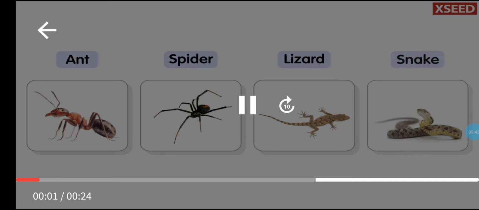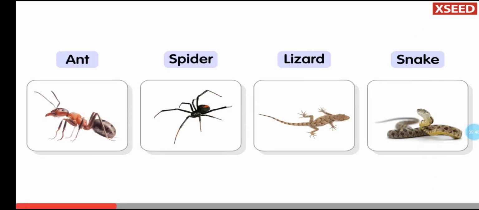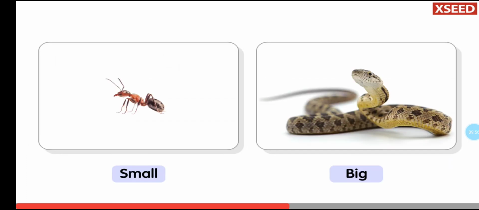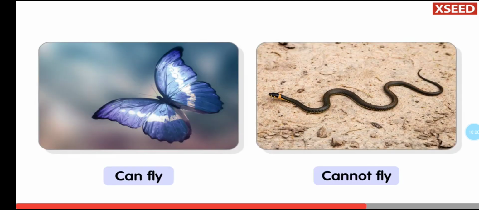We see many creepy crawlies around us. Different creepy crawlies have a different number of legs, different sizes, different colors. And they move in different ways.